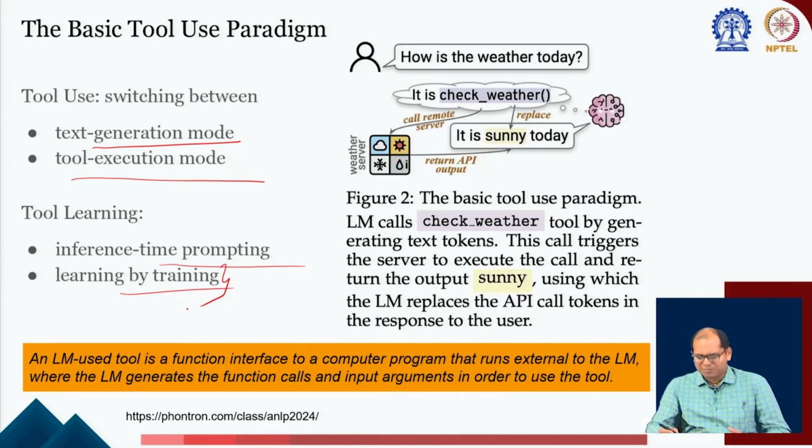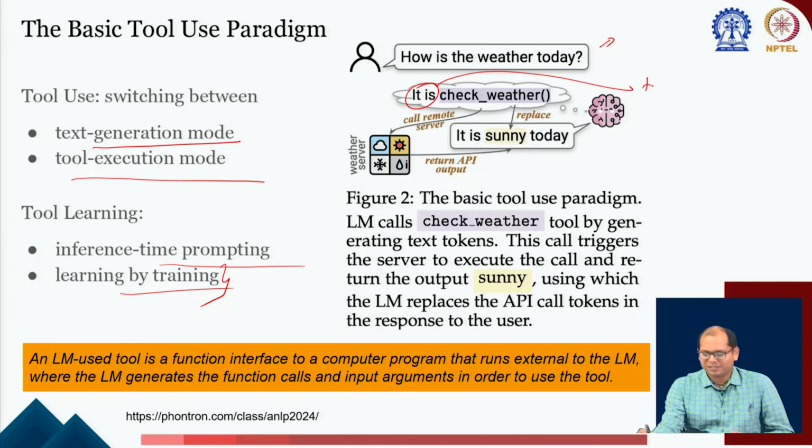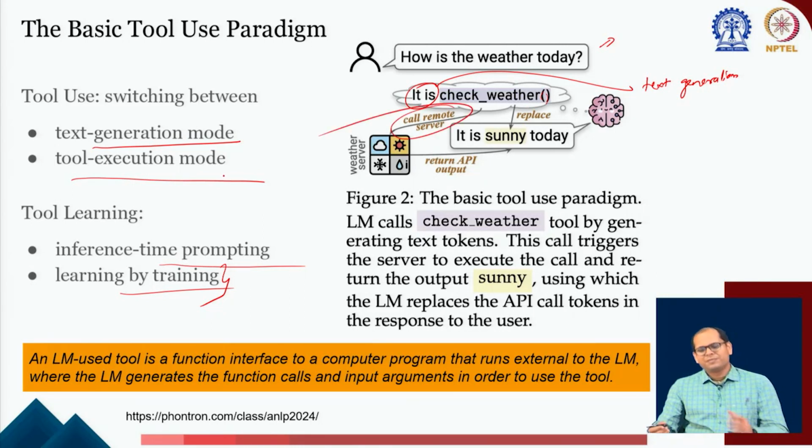Now this is one example of tool usage. Your question is, how is the weather today? The LM will not know it by default unless you have some external tool. So this is the autoregressive text generation, and then you have to have some idea that for this question I need to call an API, so check weather. This will call a remote server, call this API, and get the output that it is sunny today.